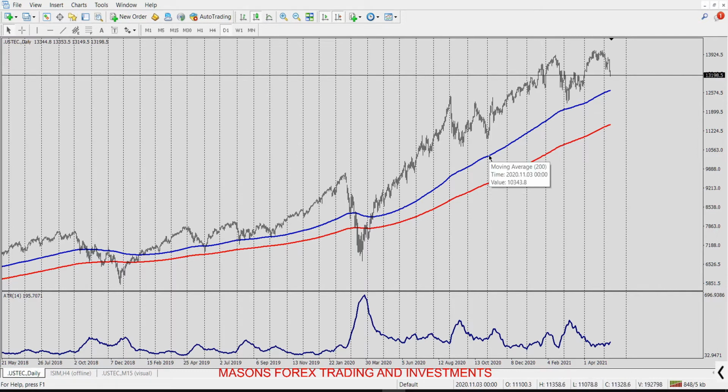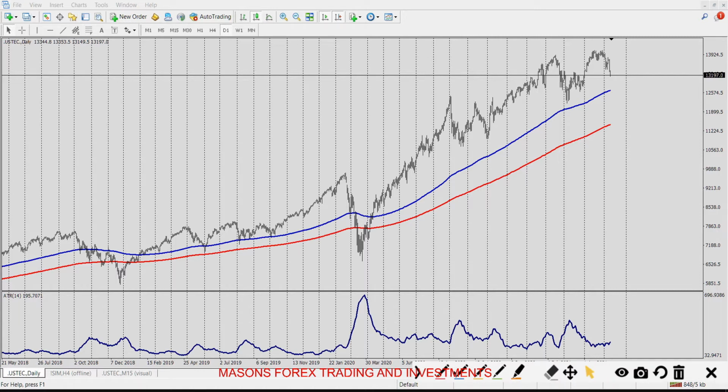and if you look at this blue moving average, this is the 200 moving average, and the red one is a 400 moving average. As you can see, more often than not, price is above the blue line.